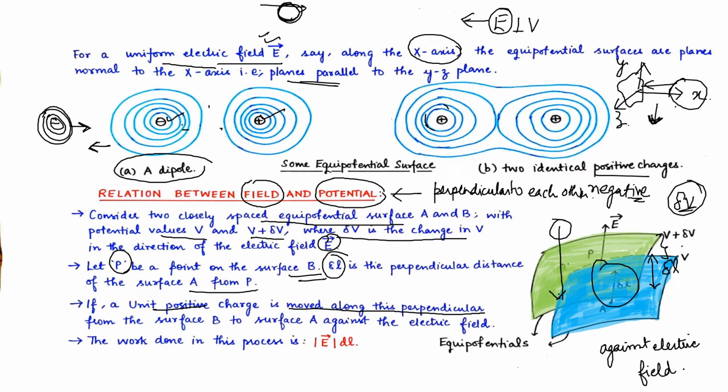So the work done in such a case, because we are going against the electric field, we aim at doing some work in bringing the test charge. So the work done is given by the electric field into the distance between these two equipotential surfaces. Why have we taken a mod over here? Mod we take to eliminate any negative value if it is not of very much importance.